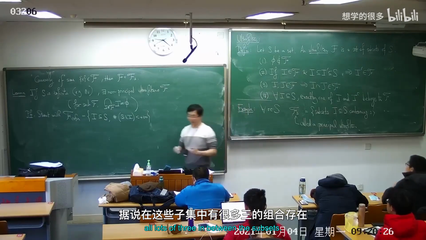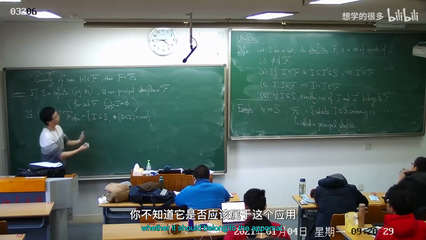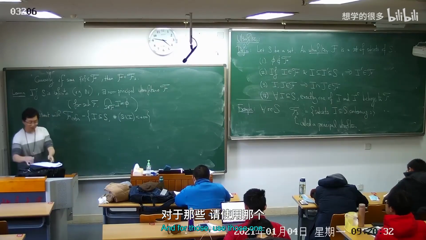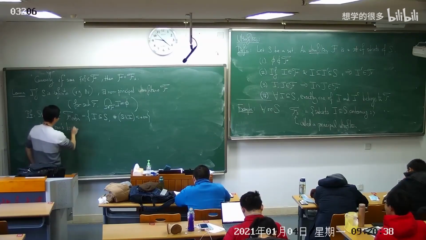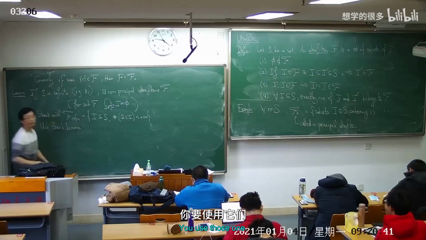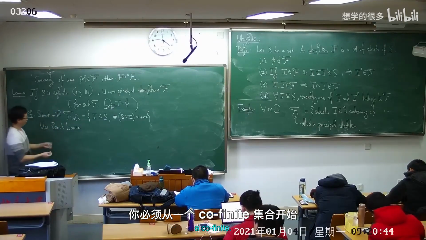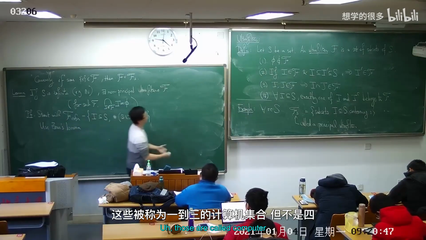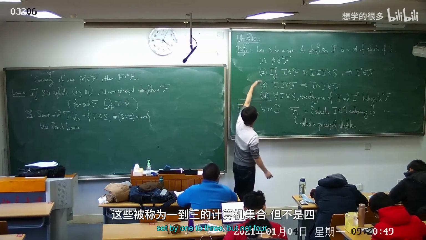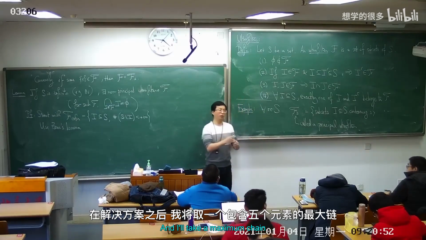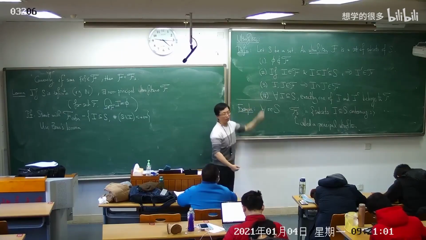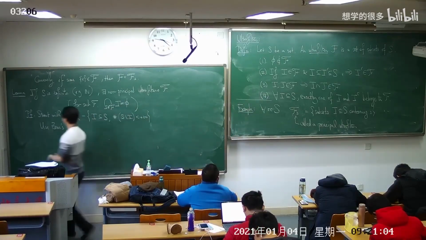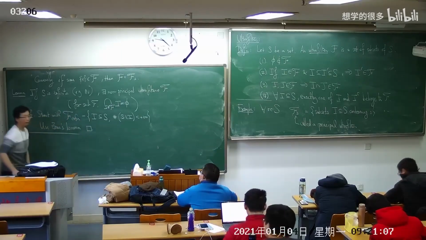There are also in-between subsets, where you don't know whether they should belong to F or not. Those are called filters: satisfying 1, 2, 3 but not 4. Then you take a maximal chain and find a maximal element, which will automatically satisfy 4. Just standard things. You can think about the details.